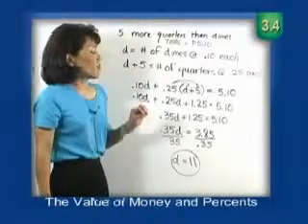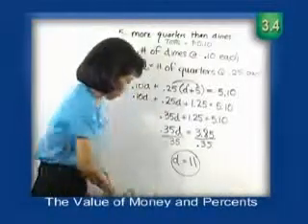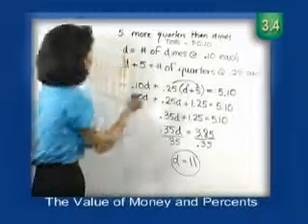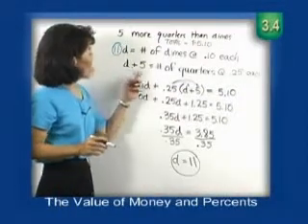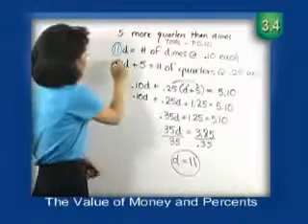How many dimes and how many quarters did she have? Well, in this case, we can see the number of dimes is 11, and the number of quarters is 11 plus 5, or in this case, that's 16.